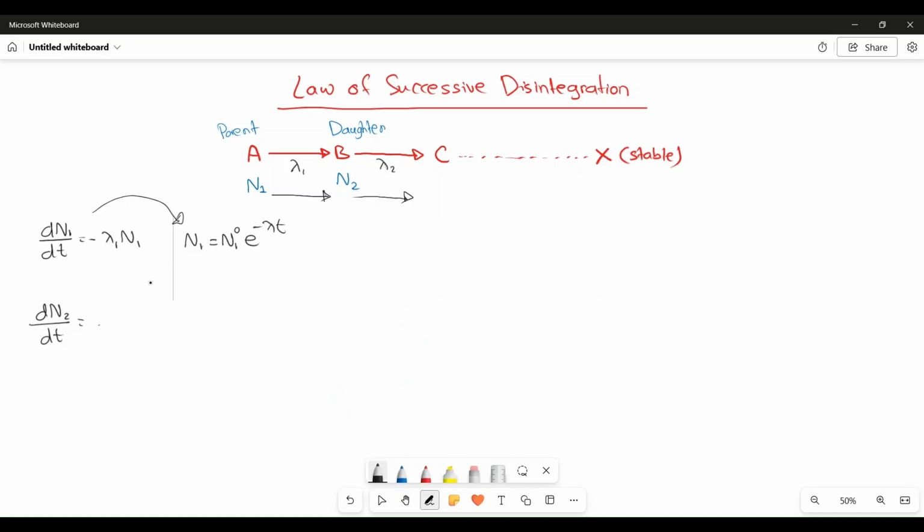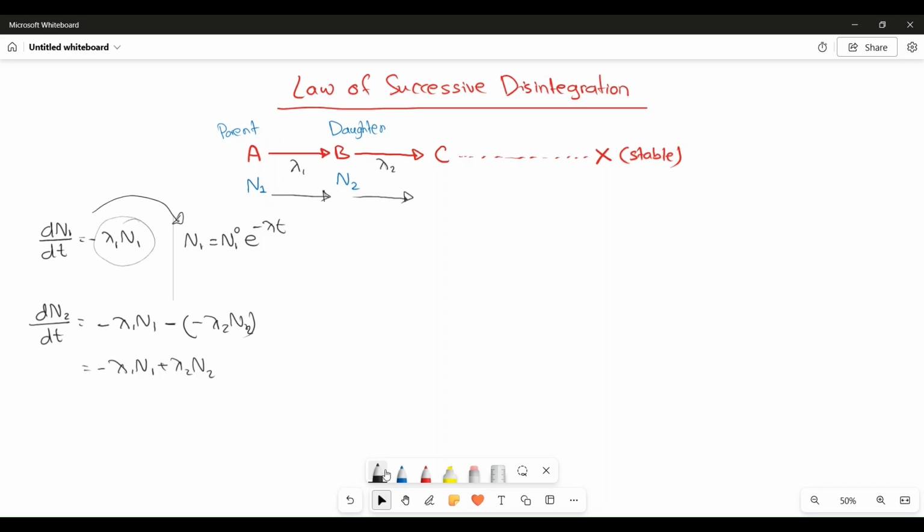What you are getting from your parent is lambda 1 n1. This is the amount n2 is getting, and n2 is turning into some other element, which will be minus lambda 2 n2.